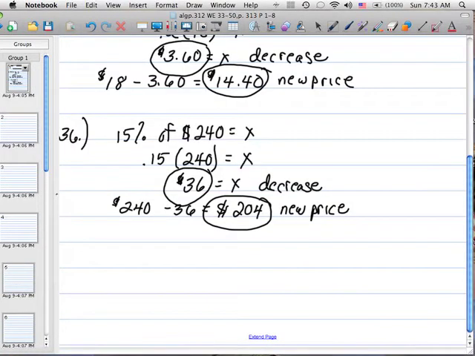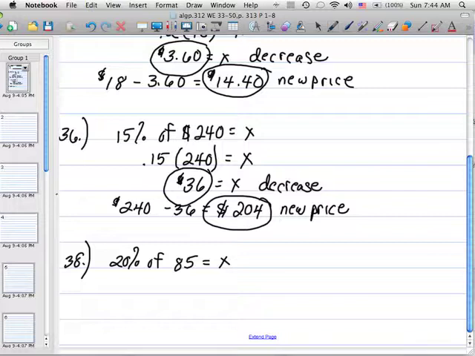On the next page, we have another chart. It gives us the original price and a percent markup, so the price is going to increase. So we want to find out how much the increase is and then the new price. So number 38, we're going to have a markup, an increase of 20%, and it's going to be of the original amount or the whole amount, which is $85.